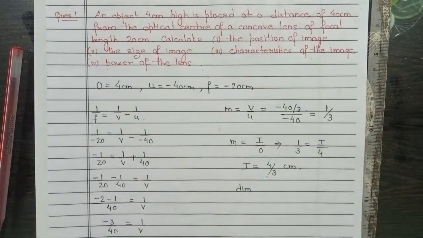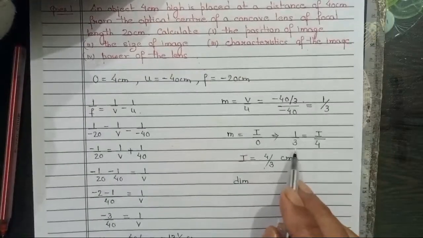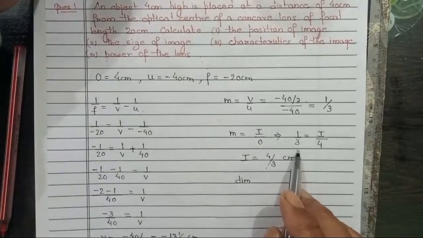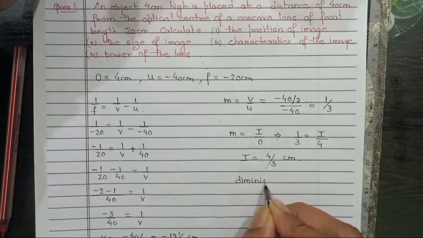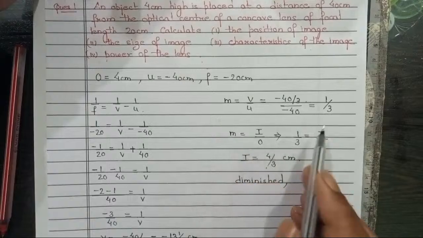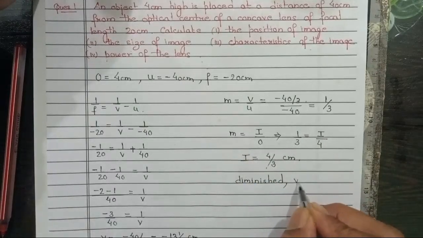Here magnification, as you can see, is less than 1. So whenever magnification is less than 1, remember image is diminished. So you can say image is diminished. As the magnification we have got is positive, so you can say image is virtual.